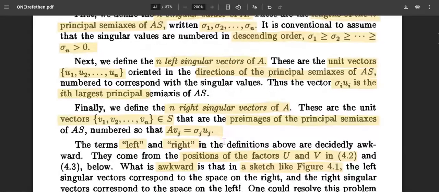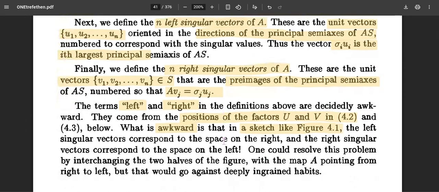What about V? These are the right singular vectors of A, on which the matrix acts in order to get the hyperellipse AS. They are the pre-images of the principal semi-axes, and are also numbered v1 to vn.